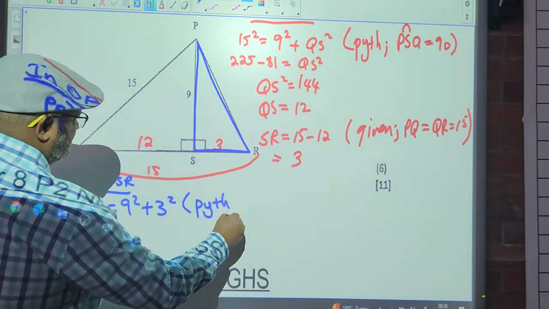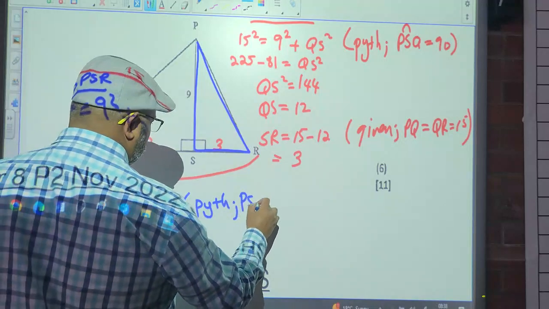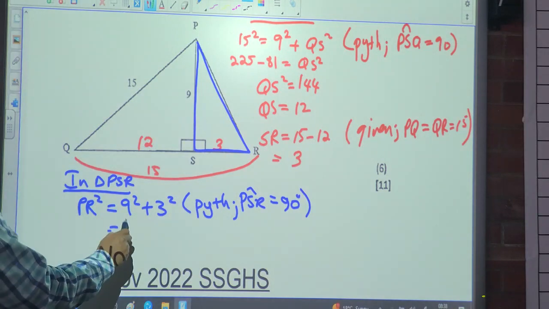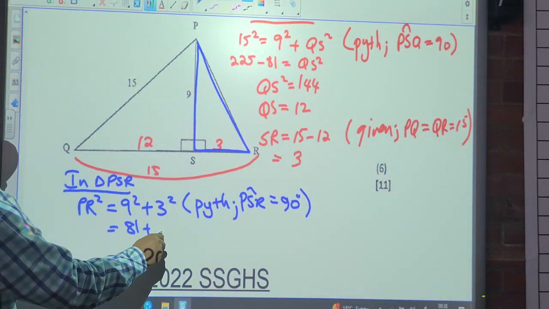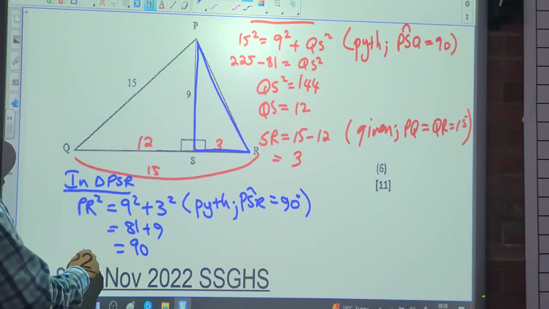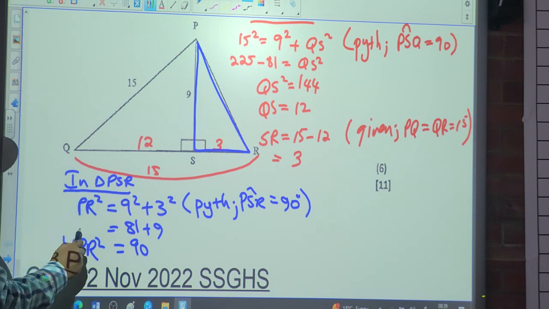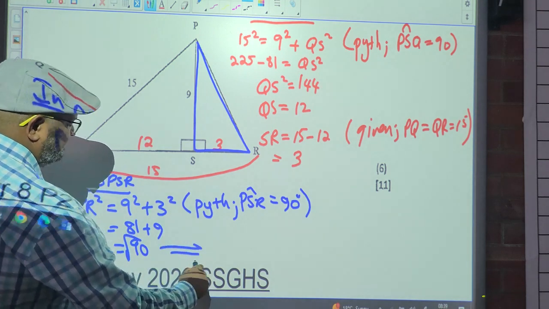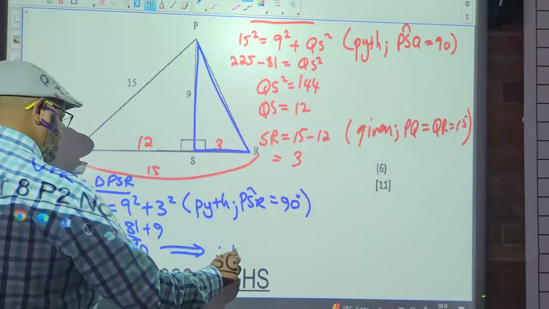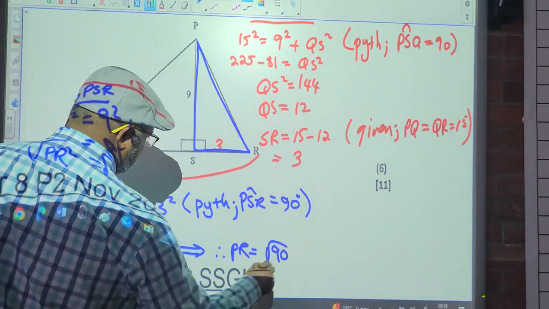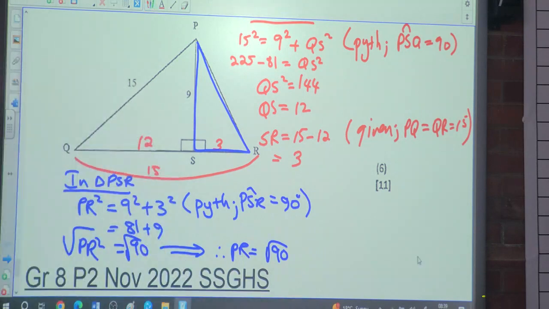Reason: Pythagoras, with angle PSR equals 90. 9 squared is 81, plus 9, which is 90. So how do we get PR on its own? Square root. Is 90 a perfect square? No. So therefore, PR is equal to the square root of 90. Any confusion there?